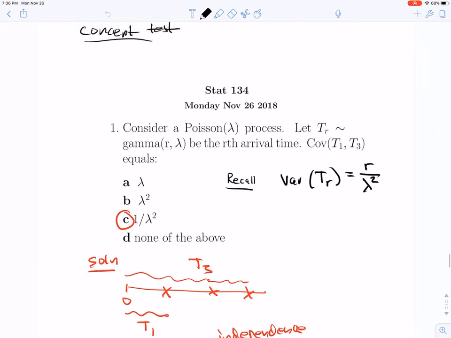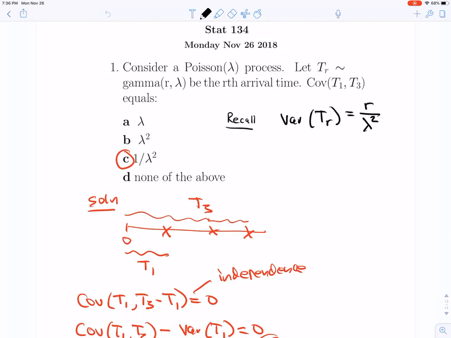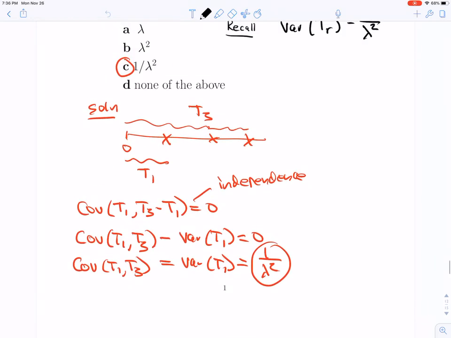We then finished with a concept test. So consider a Poisson lambda process. TR is gamma R lambda, the rth arrival time. Covariance of T1, T3 equals. So, the main idea here is that, of course, T1 and T3 are correlated, but T1 and T3 minus T1 are independent. So their covariance is 0 here.